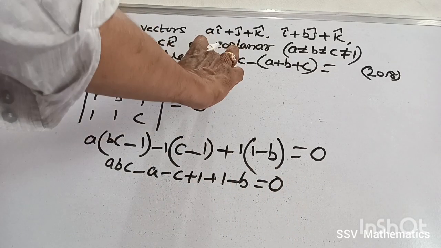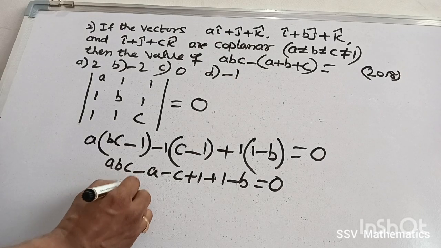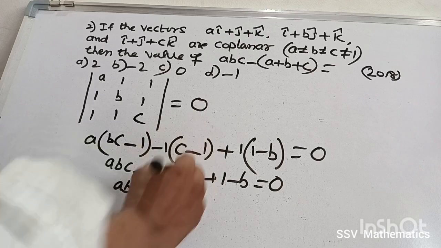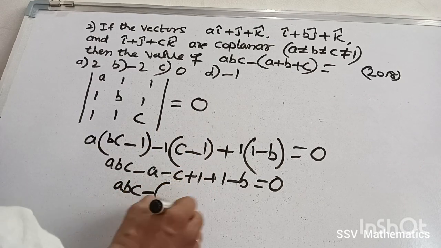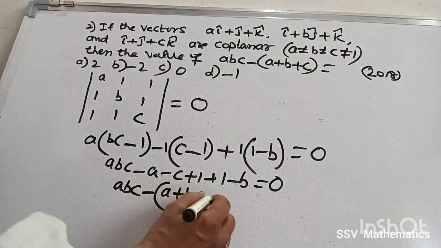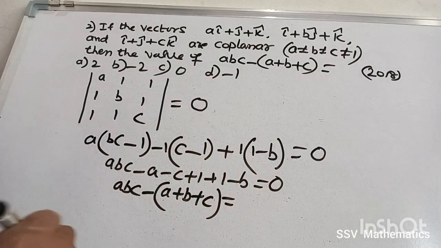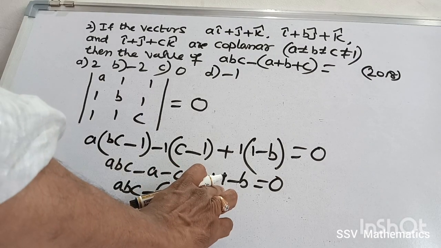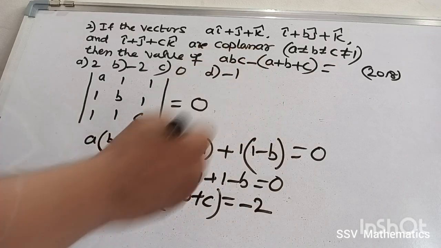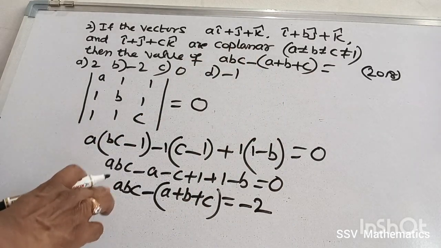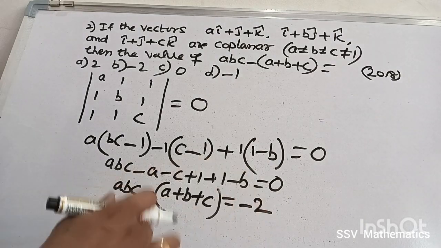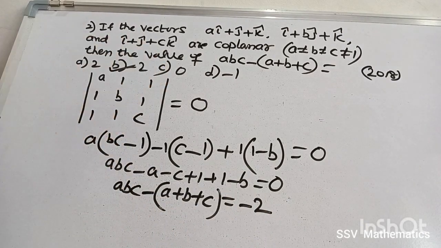We want the value of abc minus a minus b minus c, so take minus common: abc minus (a + b + c) equal to, 1 plus 1, 2 on the right side, becomes minus 2. Therefore the value of abc minus (a + b + c) is minus 2. Therefore option B is correct.